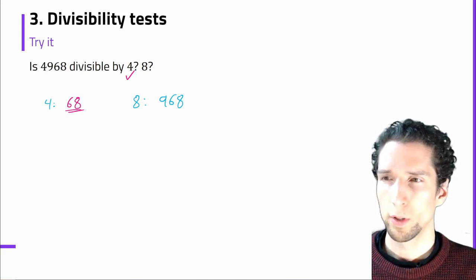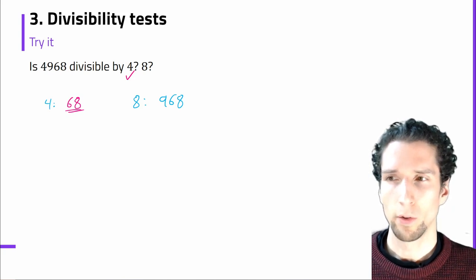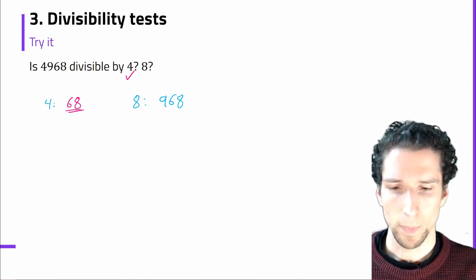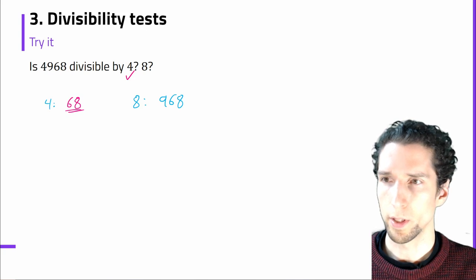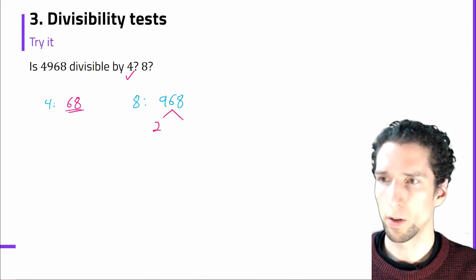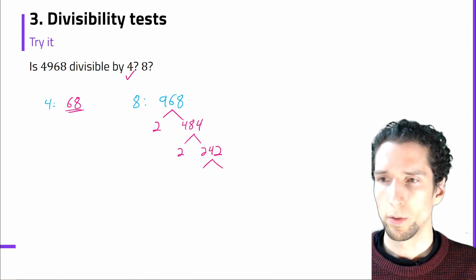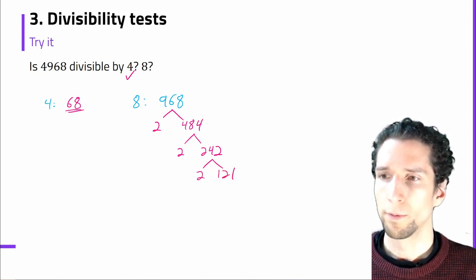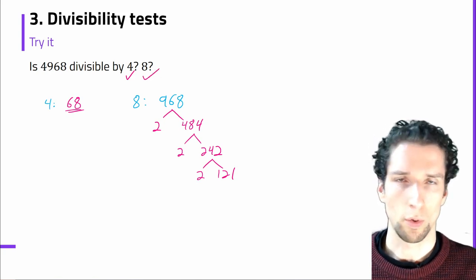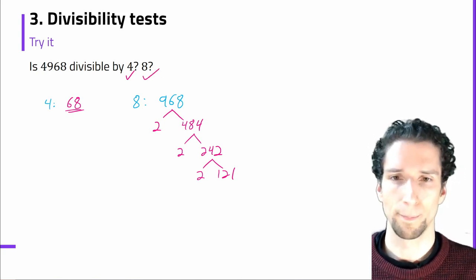I would look at 1,000 and then count down from there. That's one way of doing it, but we could also just make our tree again. So divide by 2, and we would get 484, and divide by 2 again, we would get 2 and 242. And then we can divide by 2 again, yes, 121.